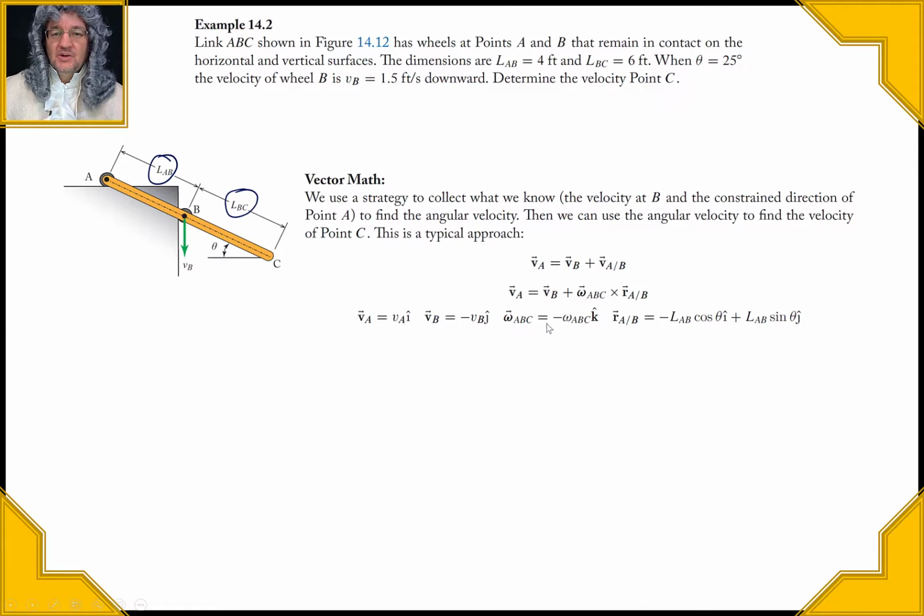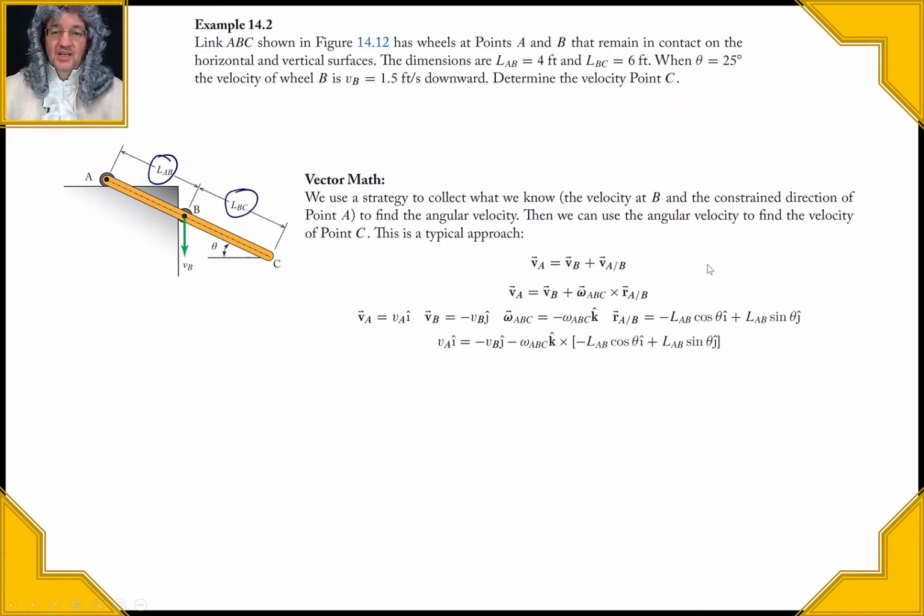Then we can predict that omega_ABC is going to be clockwise, which just makes sense, so I'm putting it in as negative, its magnitude times k, since it's rotating about the k axis. Also, this negative is because A is in the negative direction with respect to B, and we're using a cosine for this term and a sine for that one.